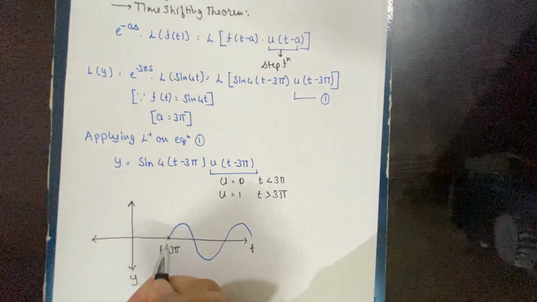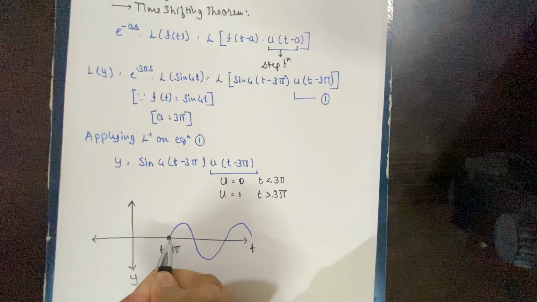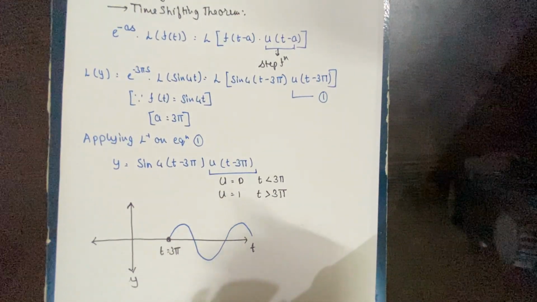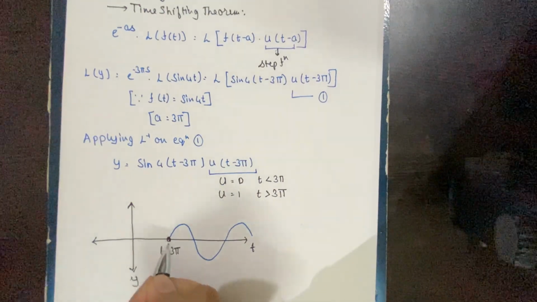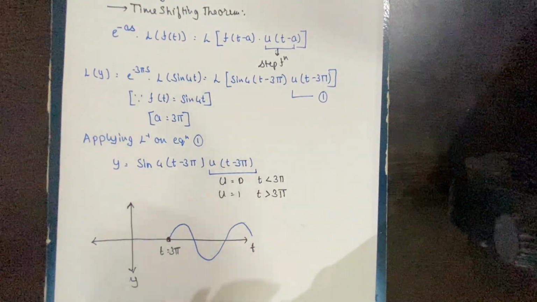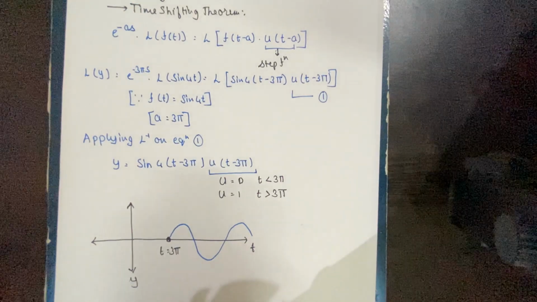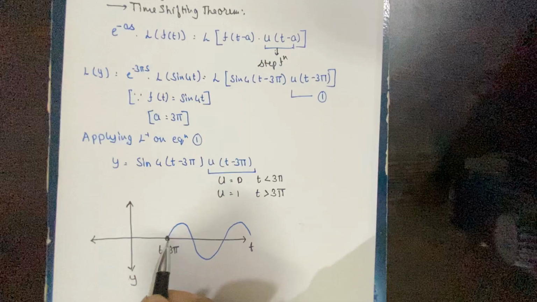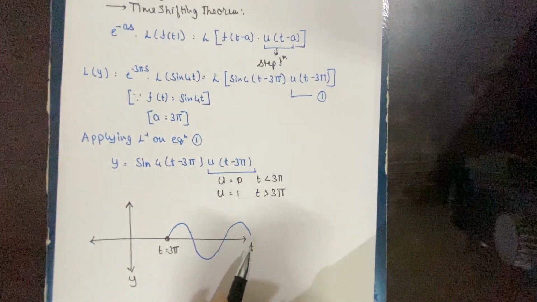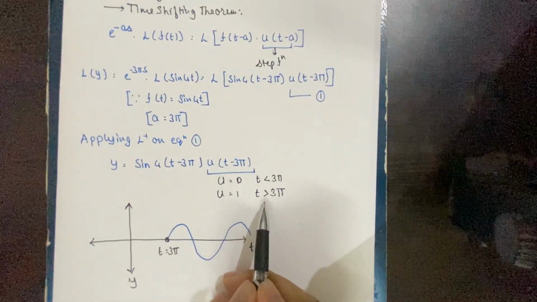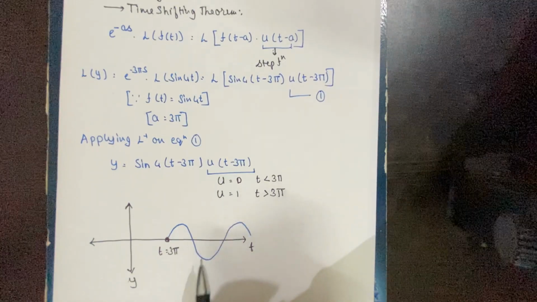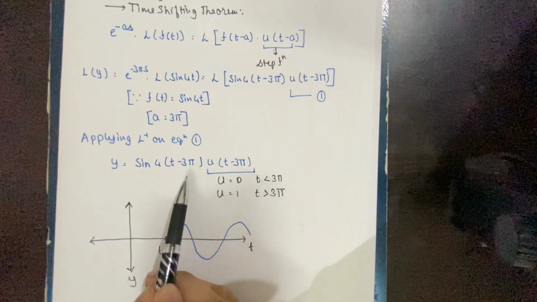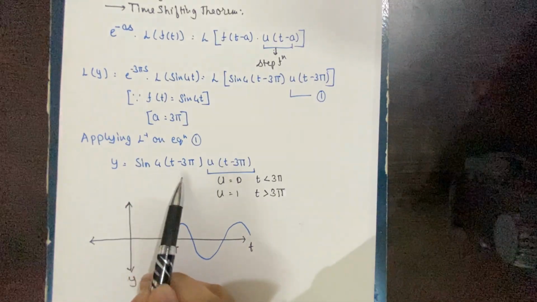At the exact moment when t equals 3 pi, we are going to have a hole. But we don't really show that hole. It's just a single point, so we can't pinpoint it anywhere. So we just leave a circle, and from there our sine wave starts, because for t greater than 3 pi, u equals 1, and that essentially leaves us with the function sine 4 times t minus 3 pi.